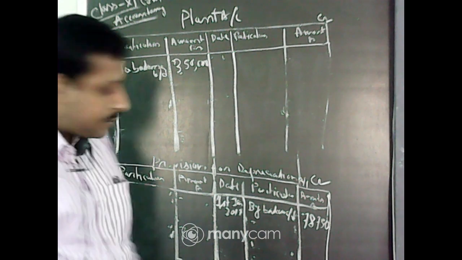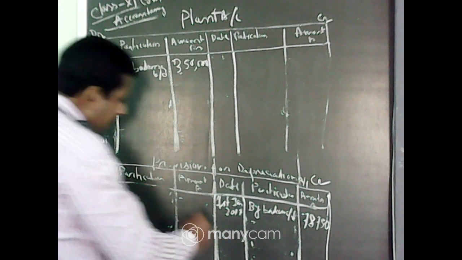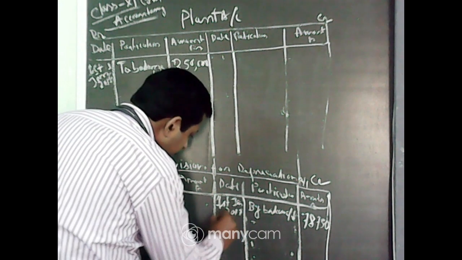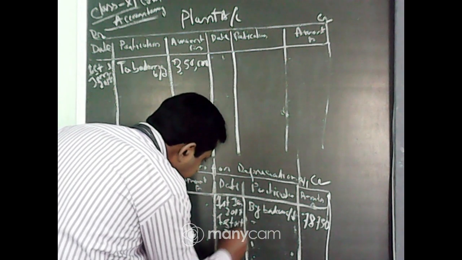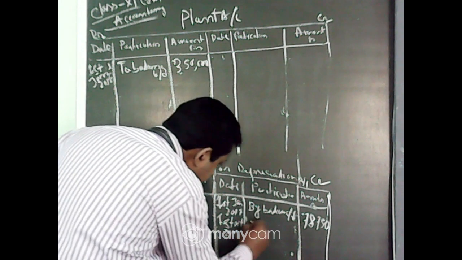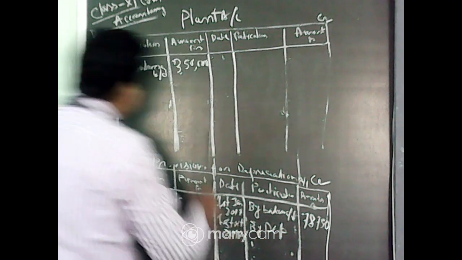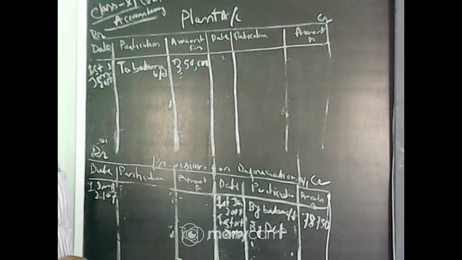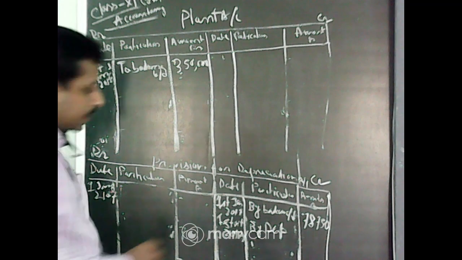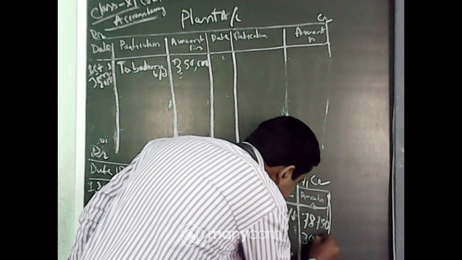So there are 9 months, okay, because the account is closed on 31st December. So 1st October 2017 by depreciation, that is for 3,50,000, rate of depreciation 15%, 9 by 12, that will become 39,375.